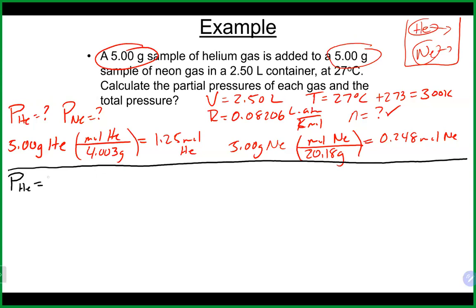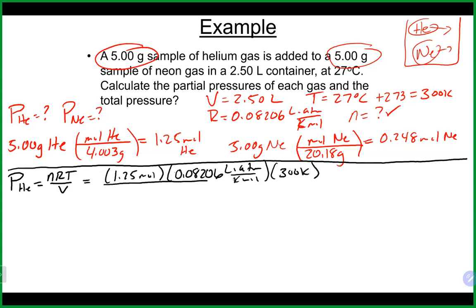And that would be, again, nRT divided by V. We're going to put our values in here for helium, which is 1.25 moles. The gas constant obviously is a constant number. Our temperature that we converted to Kelvin, all divided by our volume, which was already in liters. So we're all good on that.